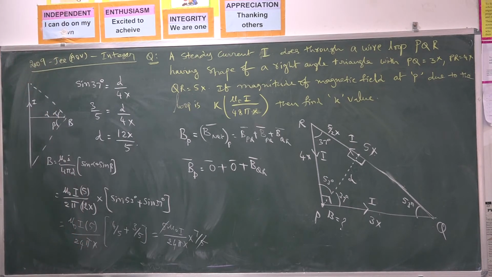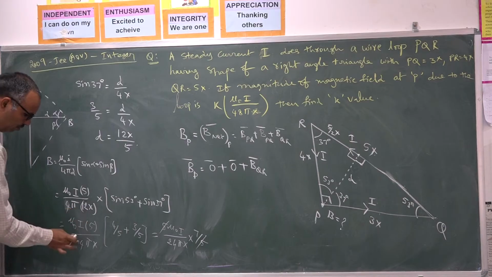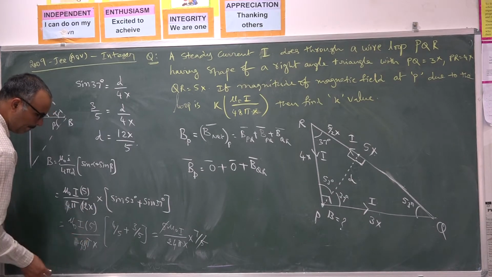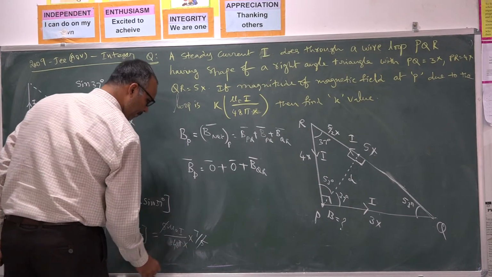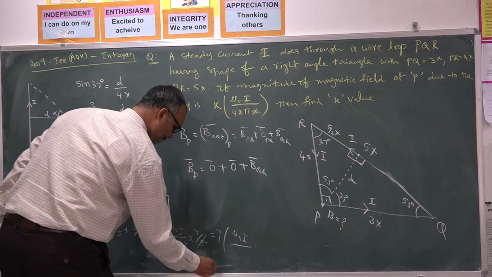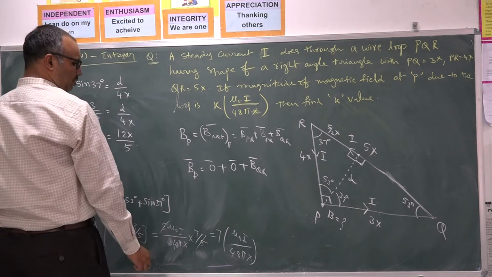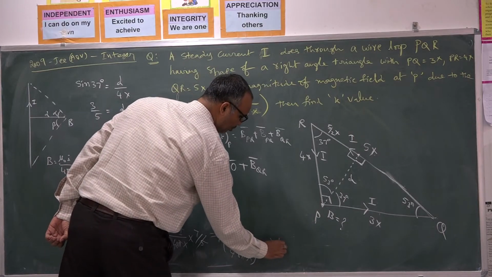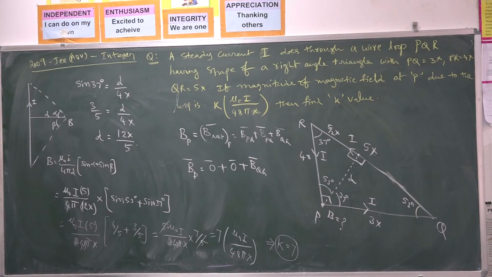So it is 7 into mu naught I by 48 pi x, which implies k is equal to 7. Very simple solution it is.